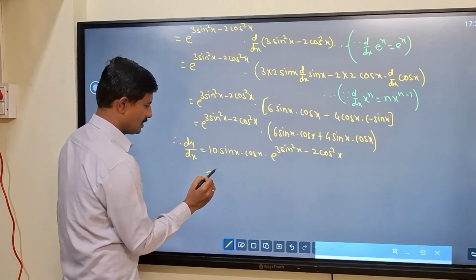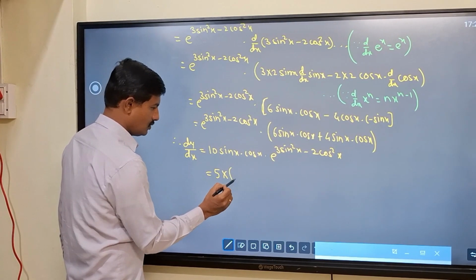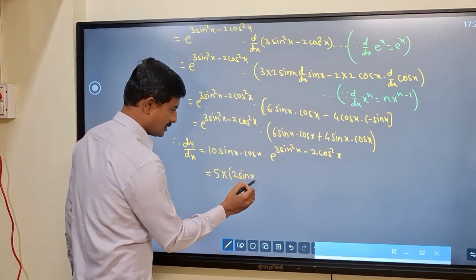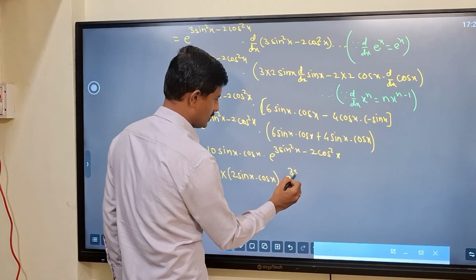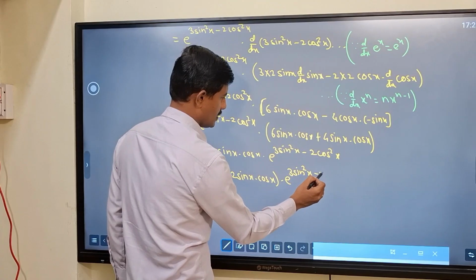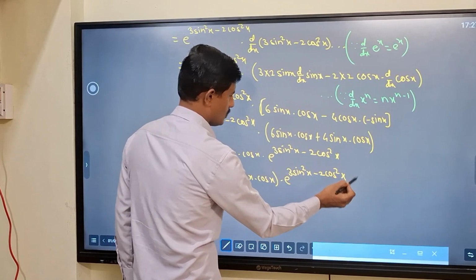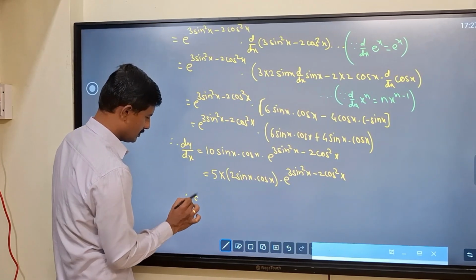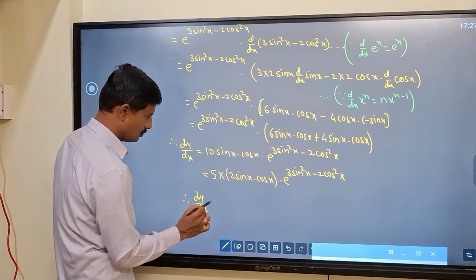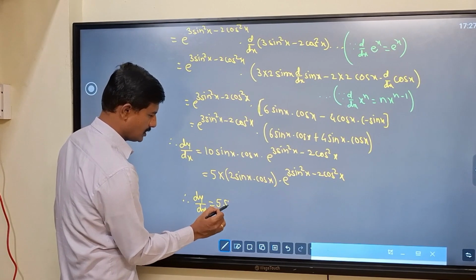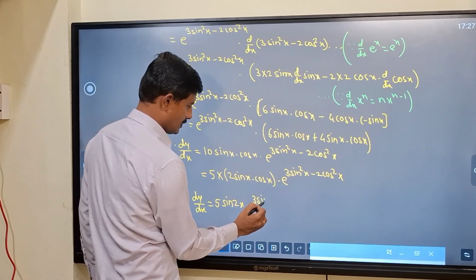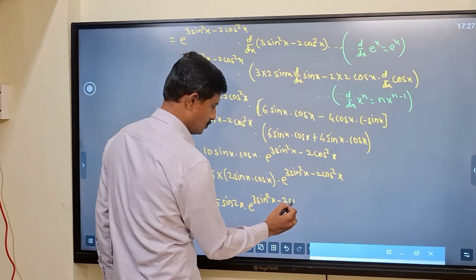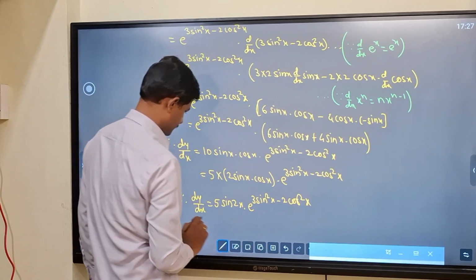Now I will write this 10 as 5 into 2 sin x into cos x into e raised to 3 sin square x minus 2 cos square x. So this becomes dy by dx equal to 5 into sin 2x into e raised to 3 sin square x minus 2 cos square x.